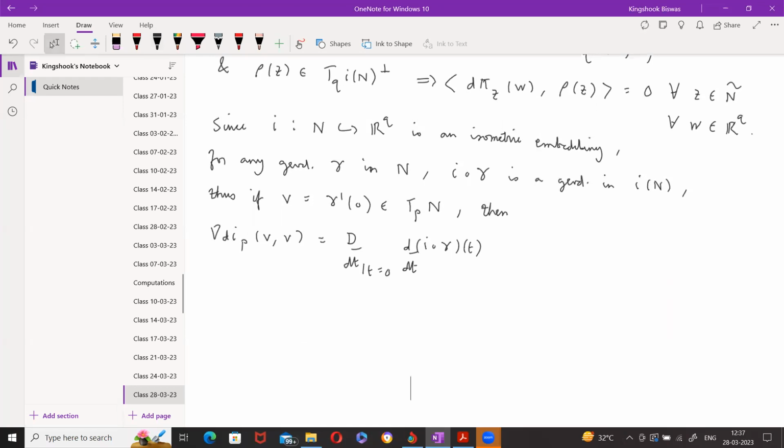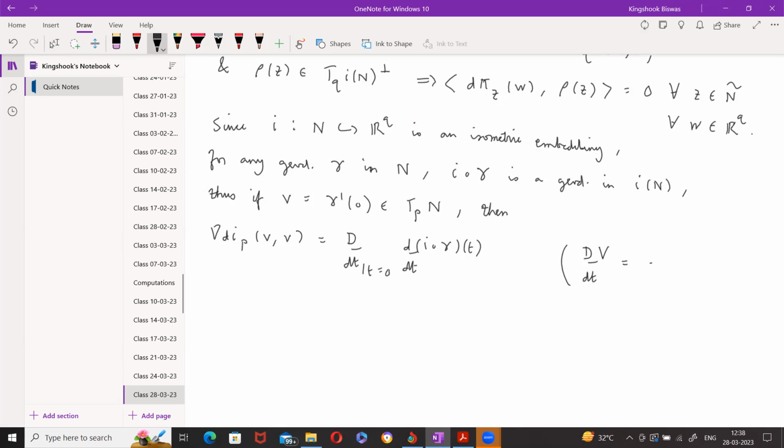So what is the covariant derivative for a submanifold?